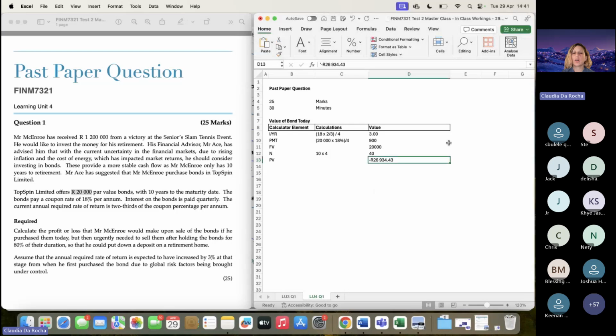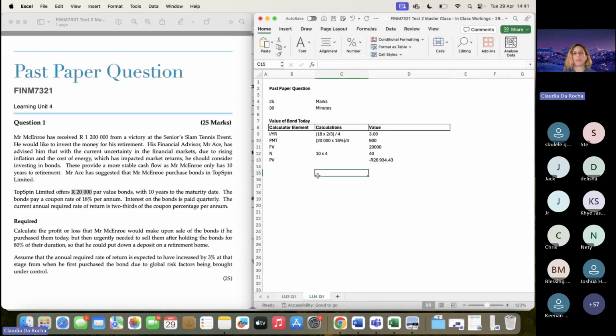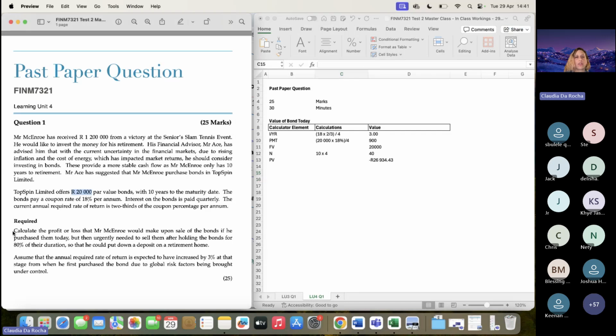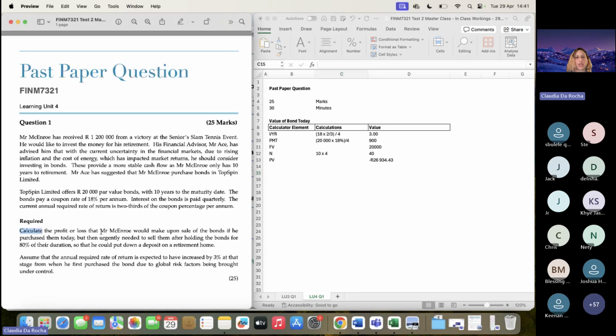Okay. All right. The value of the bond today. Now what we've got to work out is how many bonds Mr. McEnroe purchased. The reason is because they want us to calculate the profit or loss that Mr. McEnroe would make upon sale of the bonds. It's an S. They're not asking for one bond.